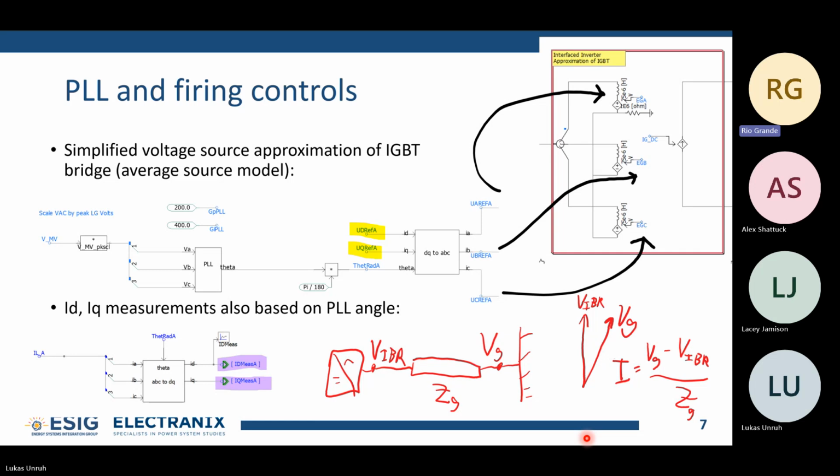This is all perfectly fine in steady state. Now, let's say we have a transient on the system such that this grid phasor moves somewhere else.